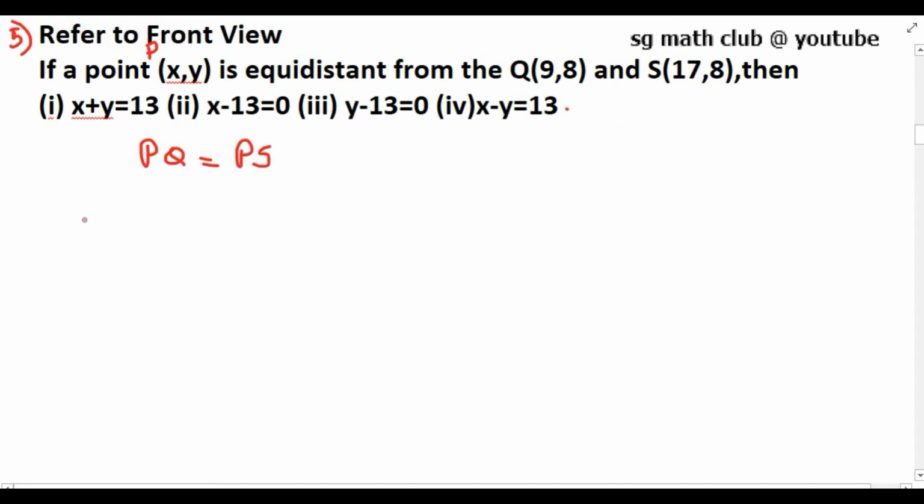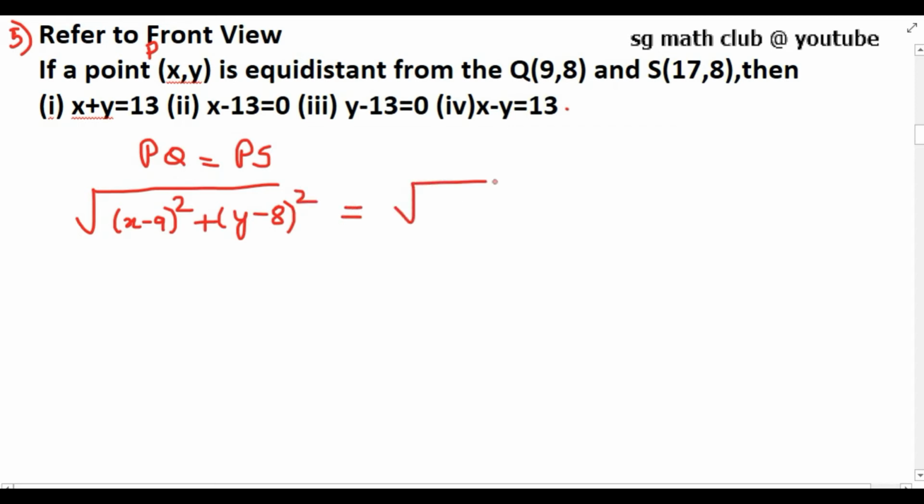So I can use the distance formula to solve this. My distance formula is the square root of (x2 minus x1) whole square plus (y2 minus y1) whole square. I can write (x minus 9) the whole square plus (y minus 8) the whole square is equal to PS, which is again (x minus 17) the whole square plus (y minus 8) the whole square. When you square both sides, the square root will go.